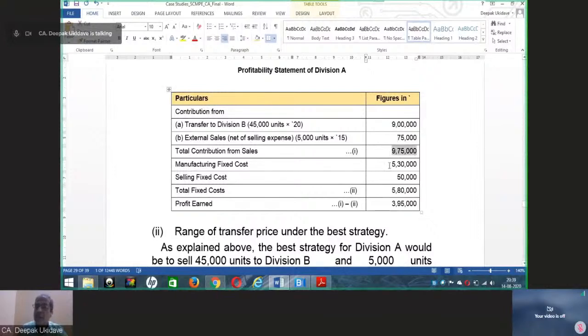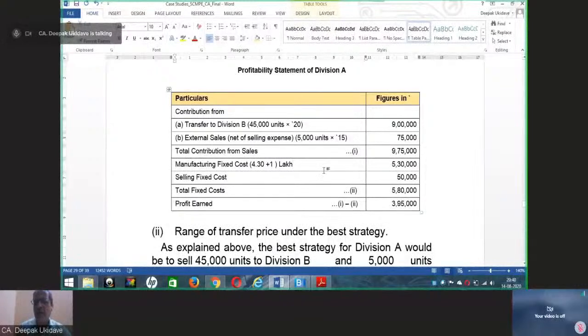Fixed cost we have prepared in a working note. You can give here a reference of the working note. Working note for calculation of 5,30,000, which is 4,30,000 original fixed cost. I am writing here in the bracket again for your understanding: 4.30 lakhs plus 1 lakh. 4.30 lakh is the given fixed cost at 30,000 units. Additional 10,000 units, further 50,000. Additional 10,000 units, further 50,000.